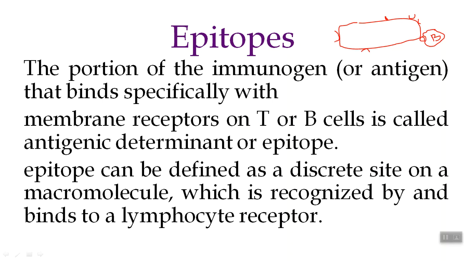That means if the antigen is proteinaceous, about 3 to 6 amino acids on the foreign substance can interact with the antibody. If the foreign substance is made up of carbohydrate, if it is made up of sugar, 5 to 6 sugar moieties will be interacting with the antibody. That means the epitope length may be around 3 to 6 amino acids or 5 to 6 sugar residues.